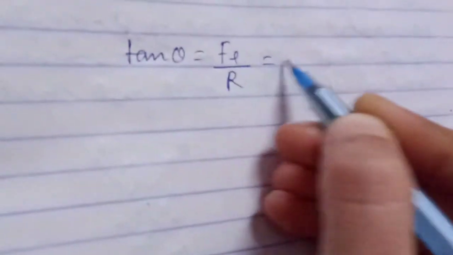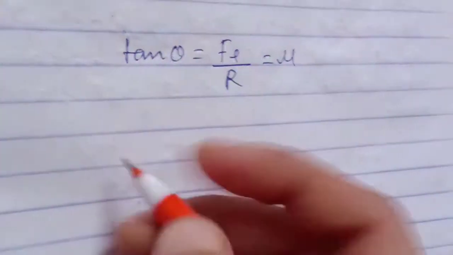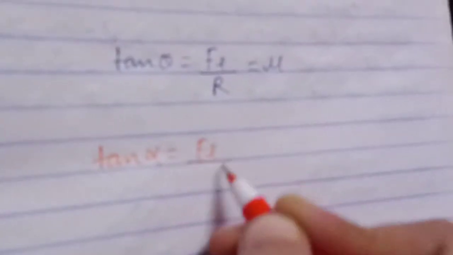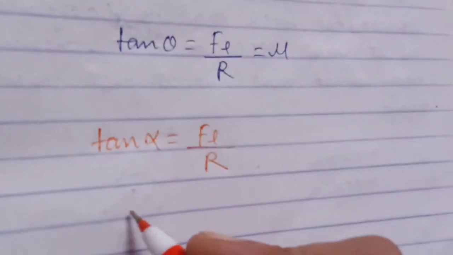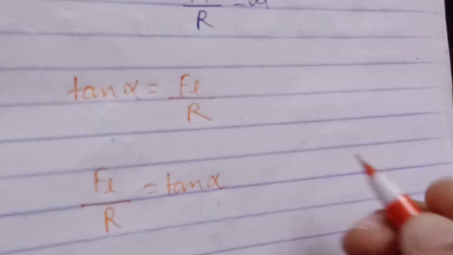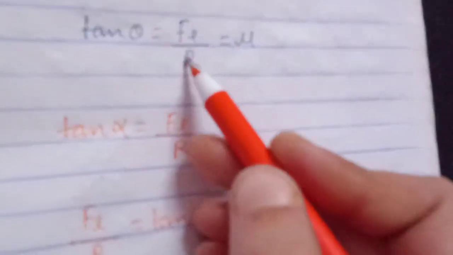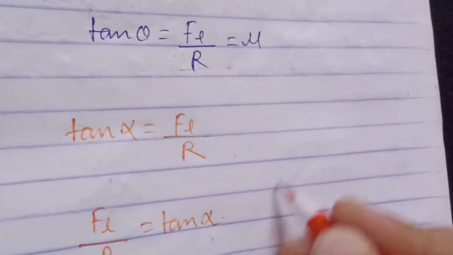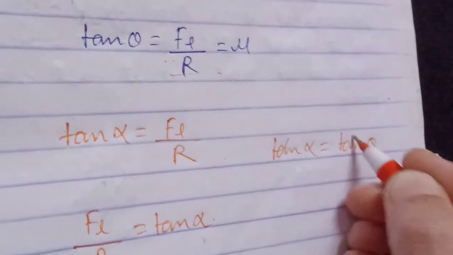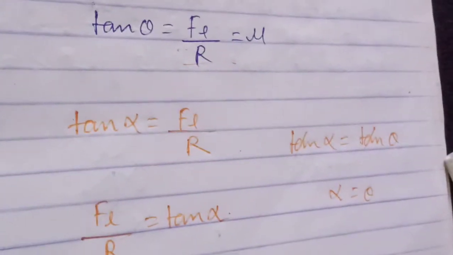As we know that tan theta is equal to Fl upon R is equal to mu. We find tan alpha is equal to Fl upon R, or we can say that Fl upon R is equal to tan alpha, and we put the value of Fl, tan alpha is equal to tan theta, alpha is equal to theta.